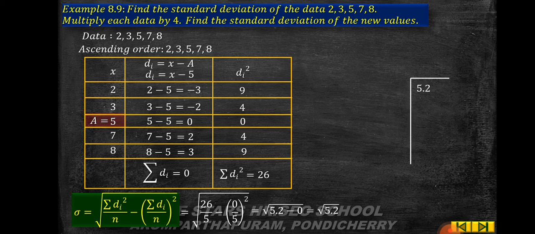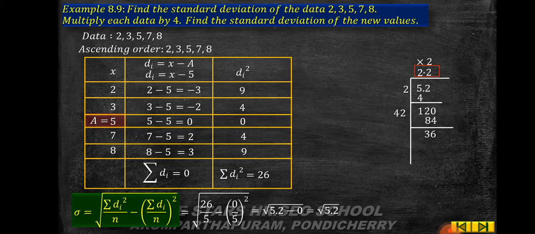So to find the square root of 5.2: 2 2s are 4. The remainder is 1. Put the decimal, step down 2 0. So 2 times 2 is 4, 42 into 2 is 84. You get the remainder 36.